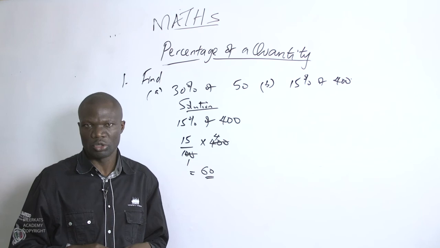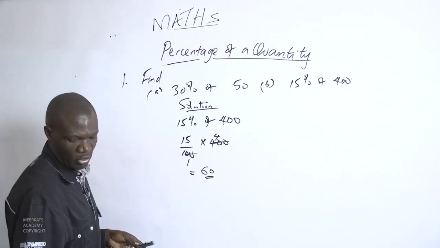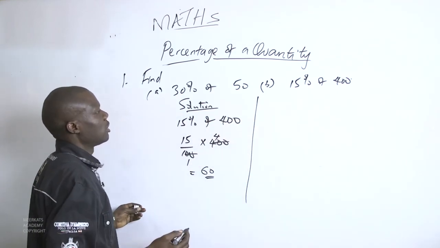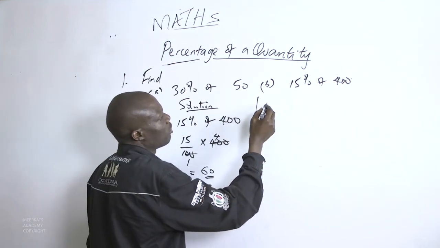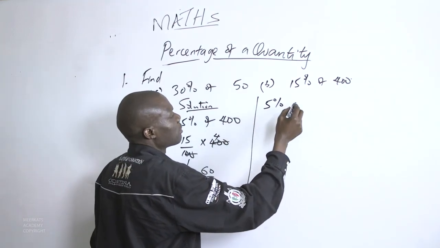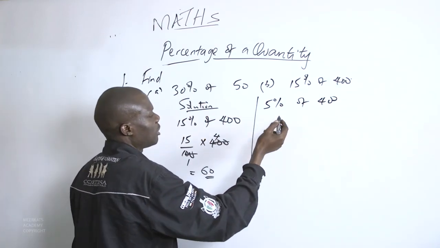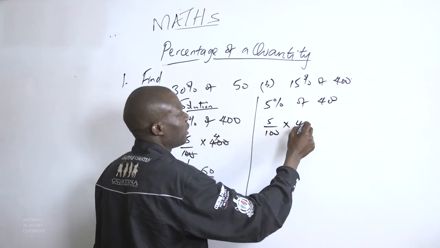If you chose to use mental arithmetic, what would happen? We would simply look at the 15 and go for 5% of 400, which is simply 5 over 100 multiplied by 400.